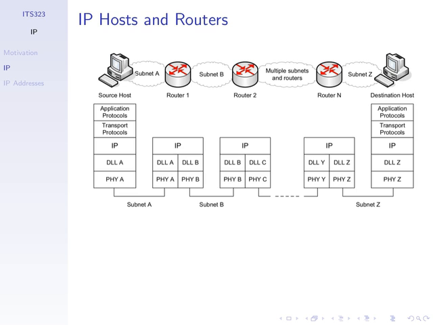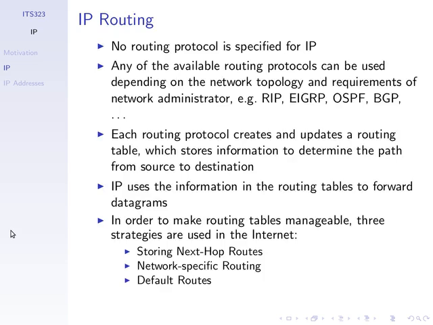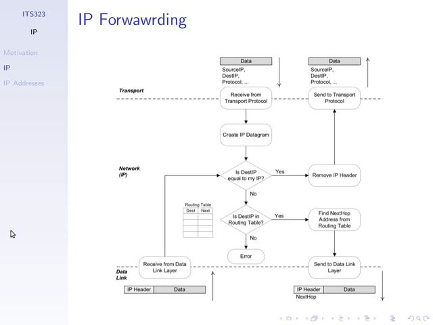What we've done so far is we started with host 1 and we're focusing on how we forward this datagram through the internet to the destination. We're focusing on what IP does at each of these devices, at the host and at the routers. And the steps that IP takes are summarized in this diagram.